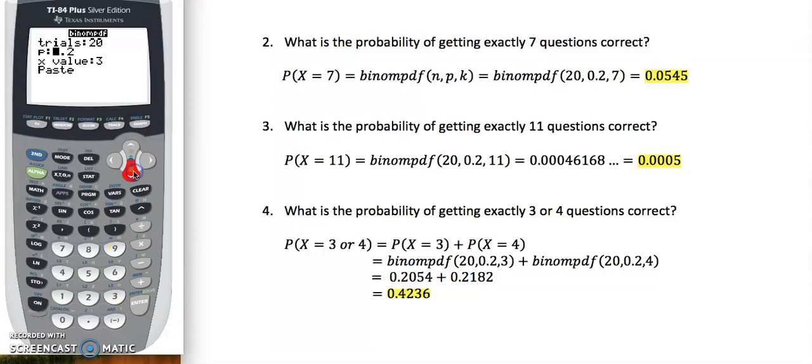Once again, you're just changing that X value to a 4, press enter, enter, enter, and you end up with 0.2182. And then add up those probabilities. The sum is 0.4236, so about 42% probability that you get exactly 3 or 4 questions correct. So almost 50%.